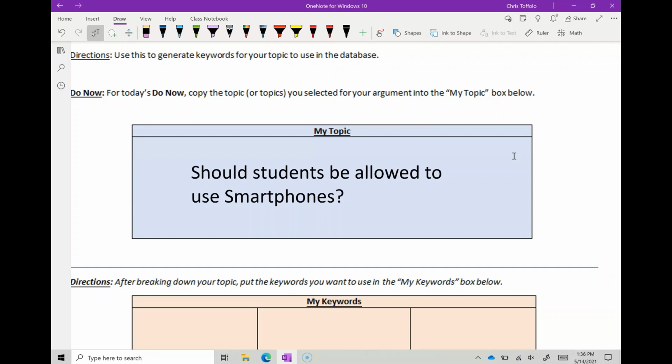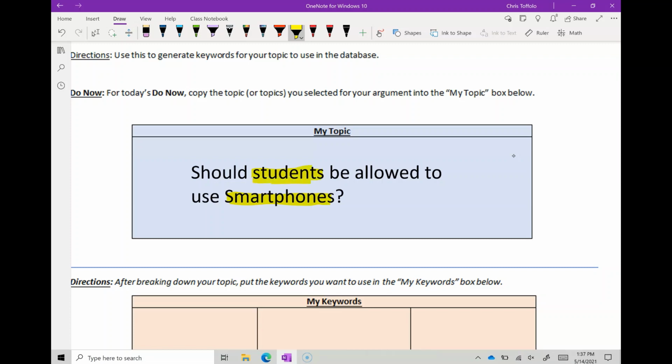So right off the bat, the two words that are standing out to me, one of them is students, and the other one is smartphones. These two words are extremely, extremely important because I have to get sources that have at least these two things in it, smartphones and students.